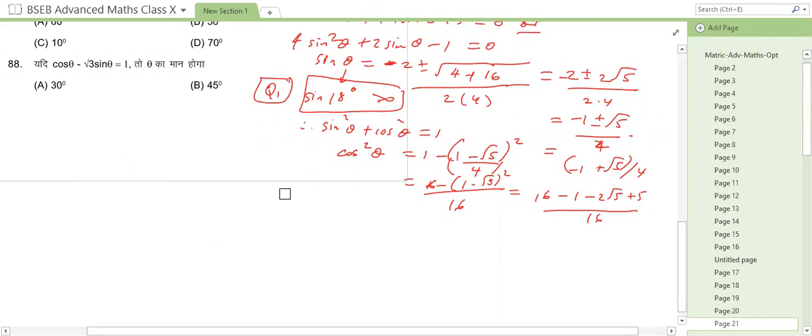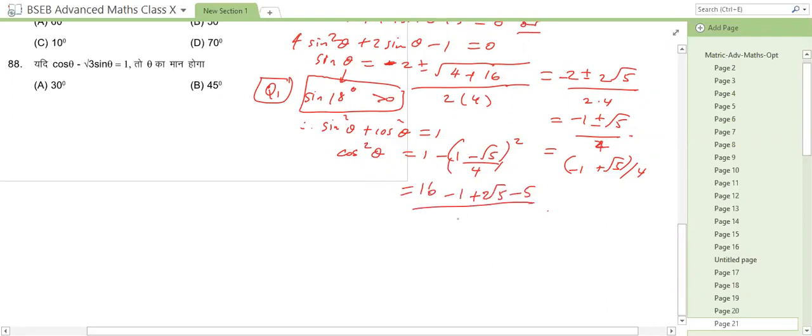So what we have here is, let's just open this up properly, guys. Right, so if we open this up, we're going to have 16 minus 1, inside minus 2√5, so outside will be plus 2√5. Inside is plus 5, outside will be minus 5, divided by 16.